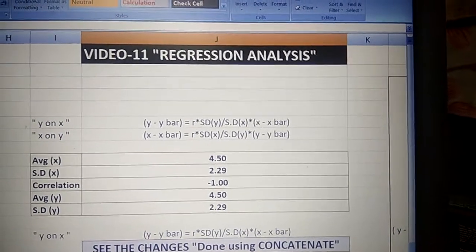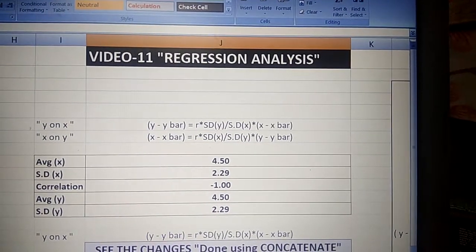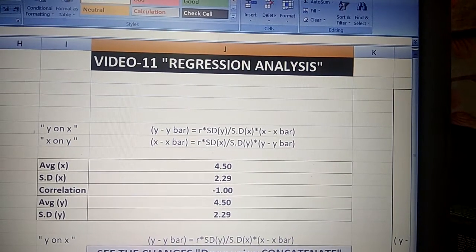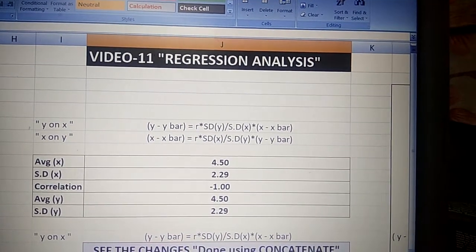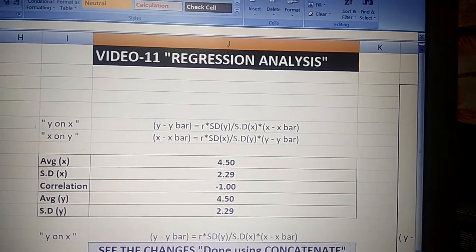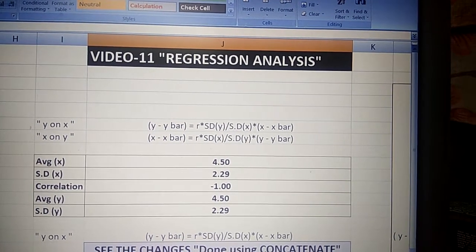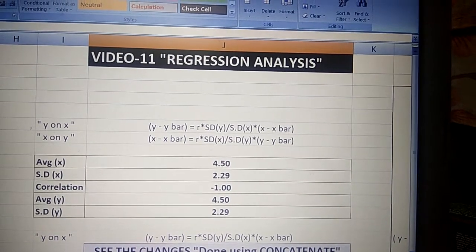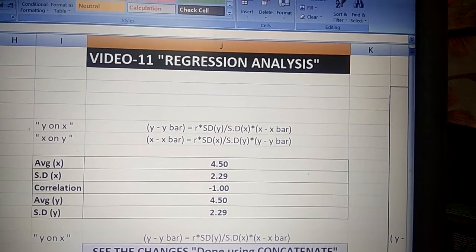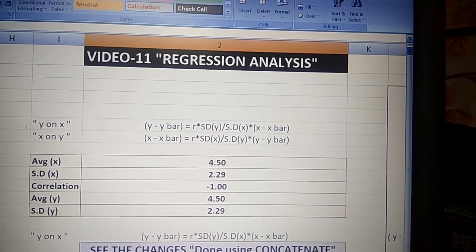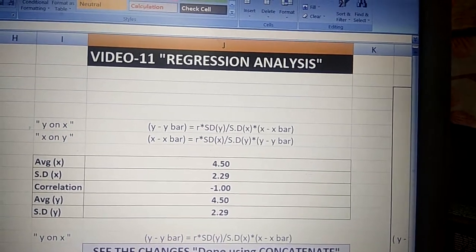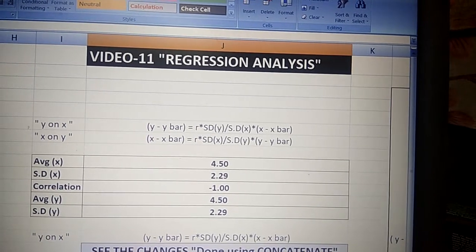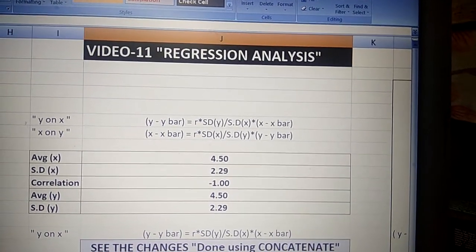Okay, so what is regression? Let me tell you in a very brief note that regression is where we are predicting the values of y for given x and vice versa. So what is y, what is x? Let's suppose x is sales and y is advertisement, or y is sales and x is advertisement, and we want to predict the sales when advertisement is given, or due to advertisements what kind of sales we can predict in near future.